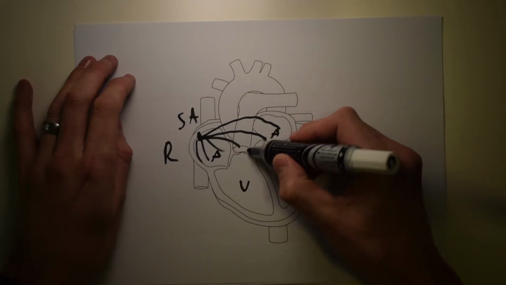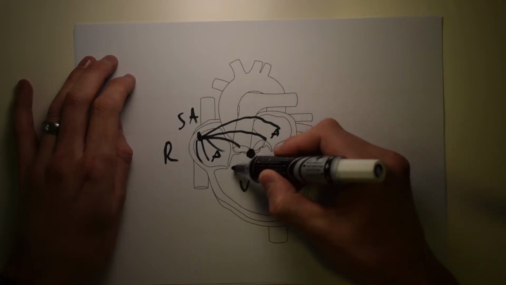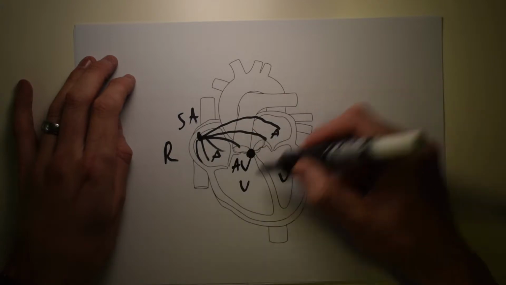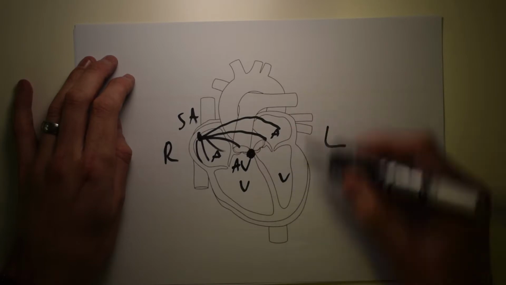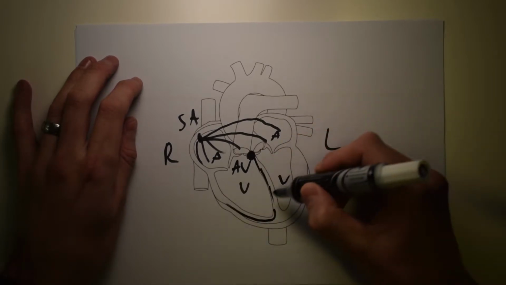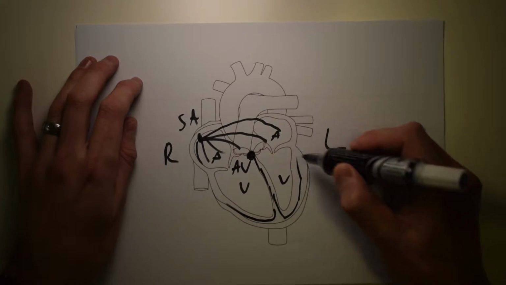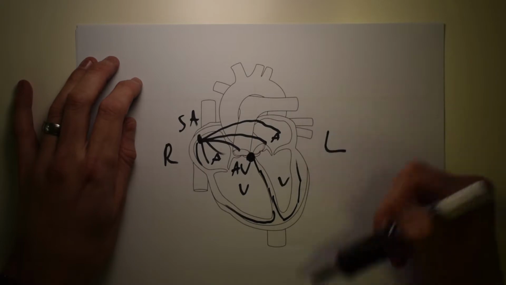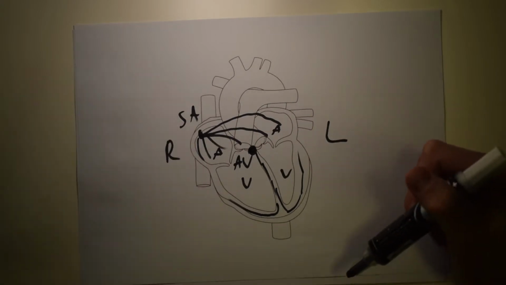There's another node over here called your AV node, or atrioventricular node. When that contracts, it sends conduction all the way down here and back up the ventricles, causing a much bigger contraction, which then pushes blood into the lungs and the rest of the body. That is the simplified version of how the heart contracts, and it happens every single time it beats.